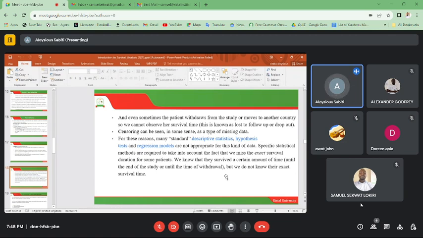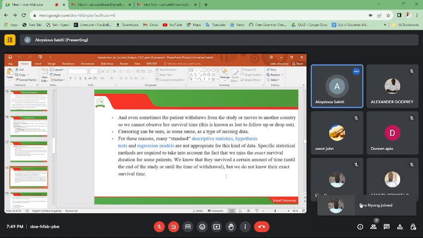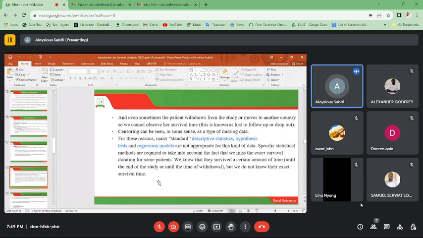Sometimes the patient withdraws from the study or moves to another country, so we cannot observe her survival time. This means that the person is lost to follow up, or is a dropout. Censoring can be seen in some sense as a type of missing data.